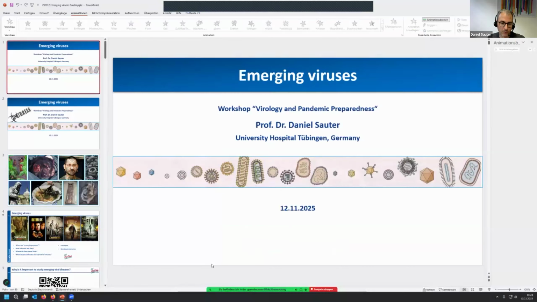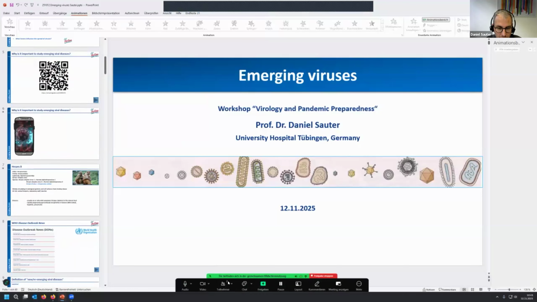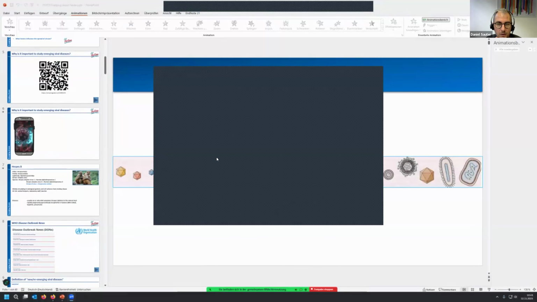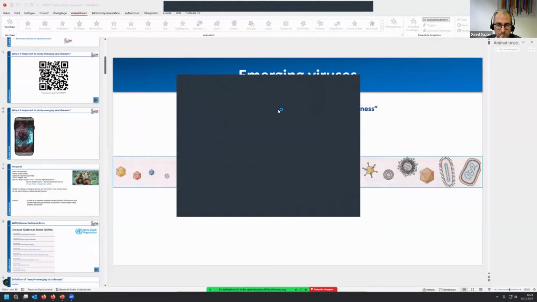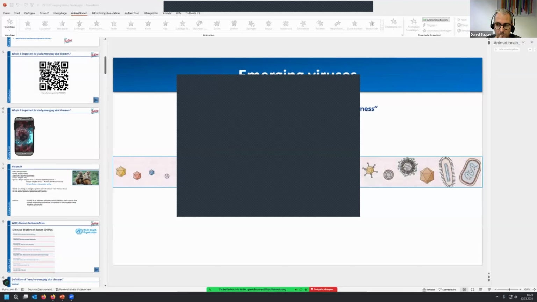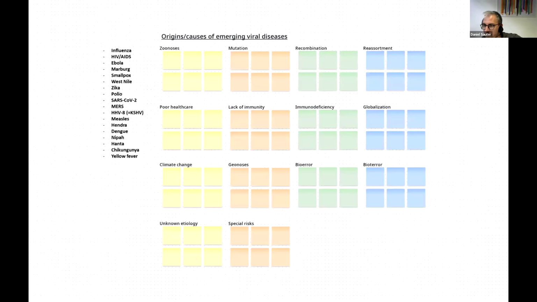Sorry, I will just switch screens because we can also make this in a more interactive way. So you should be able to see this, I think. Here on the left, there are again the viruses, the examples that I have.